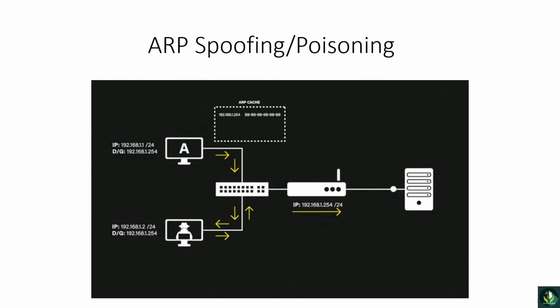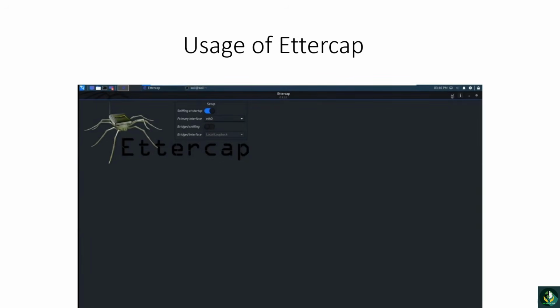So let's see how we can use a tool like Ettercap to achieve such a task. So let's first see how to use Ettercap. If you have the Kali Linux operating system, then the Ettercap program is installed by default on this system. Ettercap has a graphical interface that's very beginner friendly, unlike many programs that are command line only.